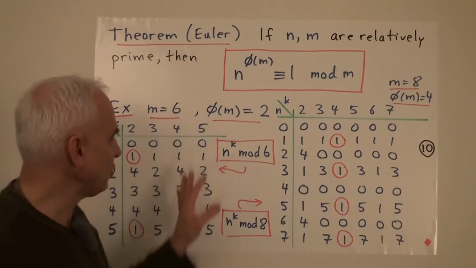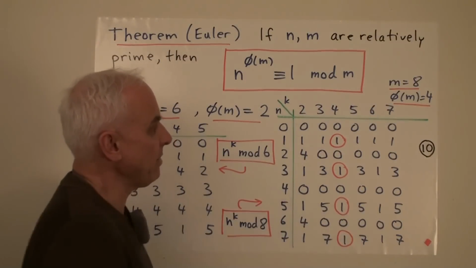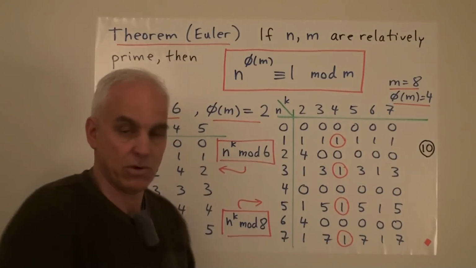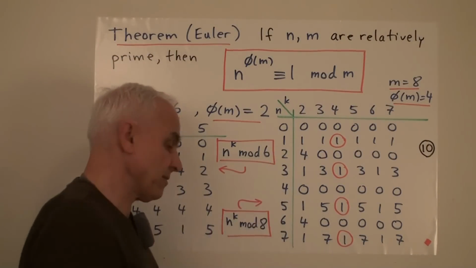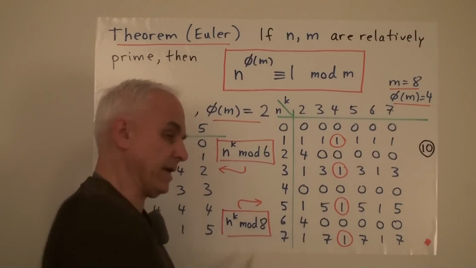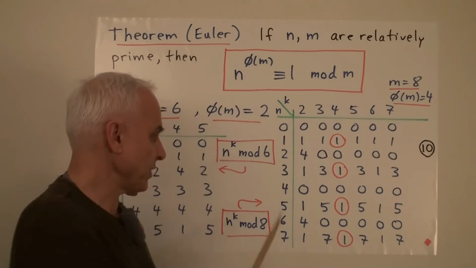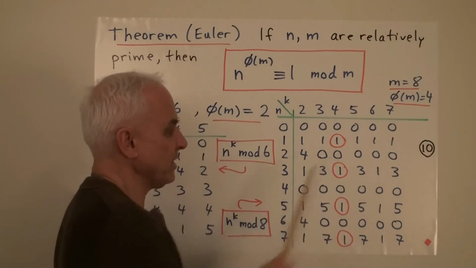That's maybe even a little bit too small to see what's going on. So here's a little bit of a bigger table where m is 8. We're working mod 8. Here are the various numbers, remainders mod 8, and here are various powers mod 8. So there's 3 to the 1, 3 squared, 3 cubed, 3 to the 4th, etc., all the way to 3 to the 7.